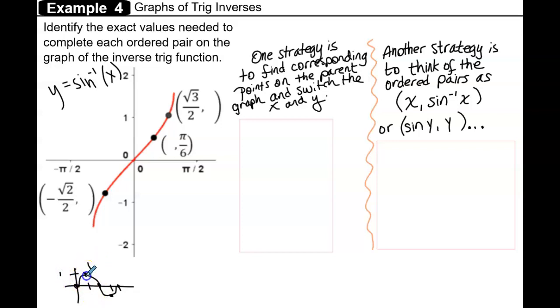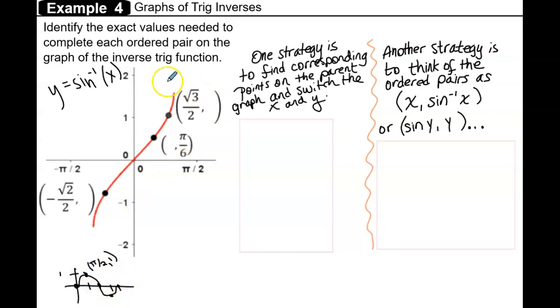So this coordinate at the maximum is pi over 2, comma 1. Then here in the middle, this would be pi comma 0, and then 3 pi over 2, negative 1, 2 pi 0.